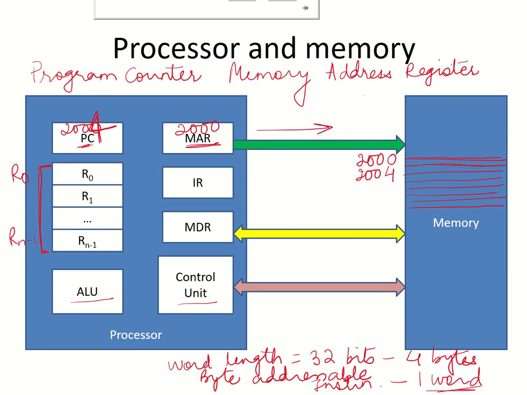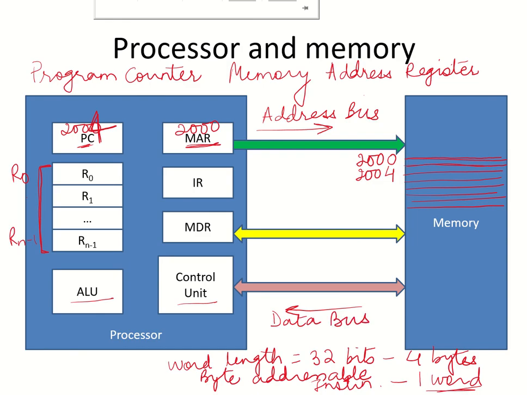Now this MAR holds 2000. This will be passed on to the address bus. This address bus carries the address from the processor to the memory. This particular location 2000 will be accessed. Whatever was here, this whole word, will be transferred from the memory to the processor via the data bus.